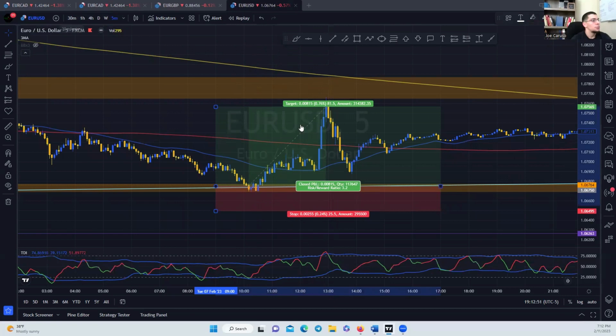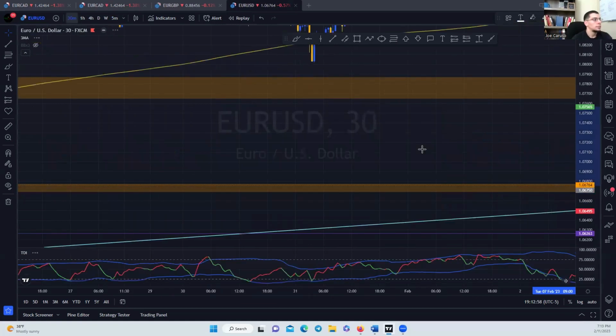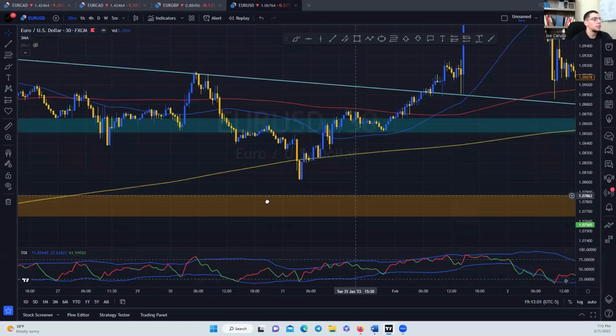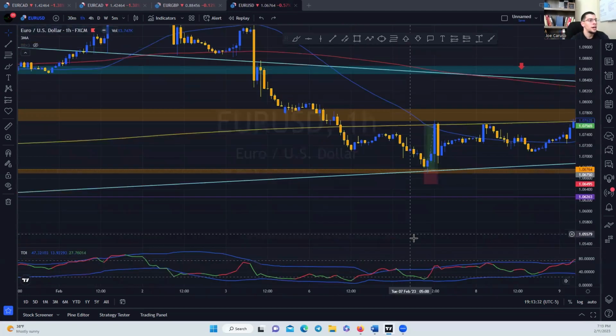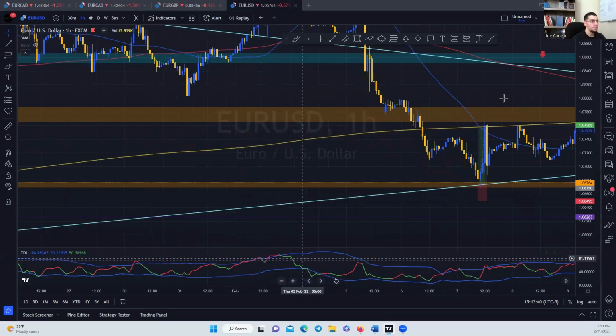Let me show you which time frame and why I took profit. This was during news as well. I got out based on, let's see if it was right here. Okay, now I got out based on the 1-hour 50 moving average and the 800 moving average cross.